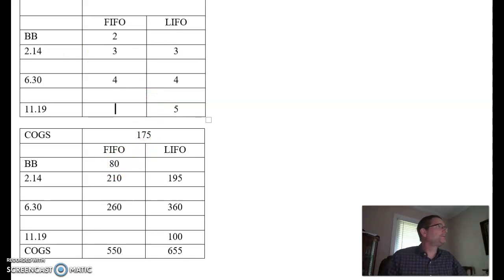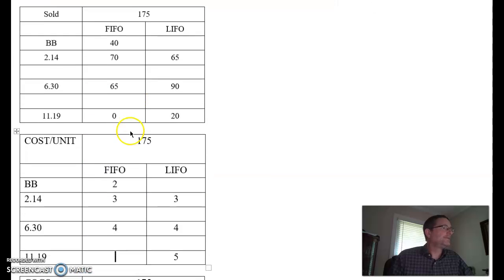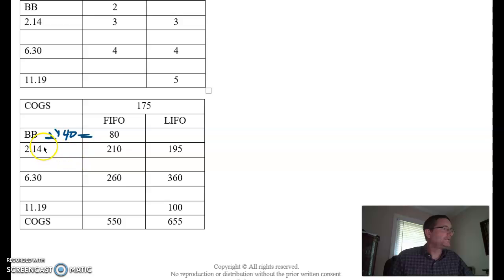You know what? Let's do this. I haven't had the camera on because I started using the pen. My Surface, I'm right up on it with my face, and I didn't want to turn the camera on when I'm doing that. So 2 times 40 equals 80. 3 times 70 is 210.